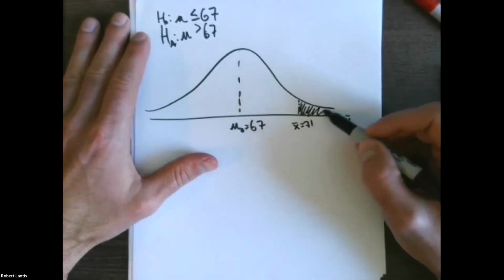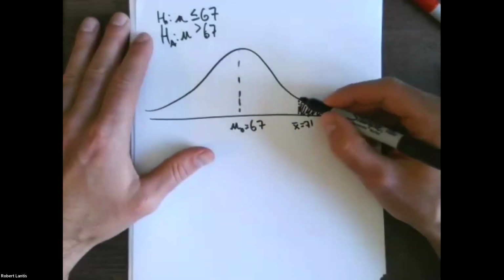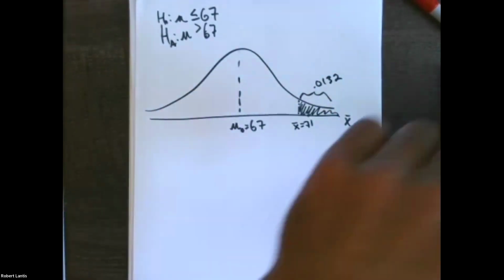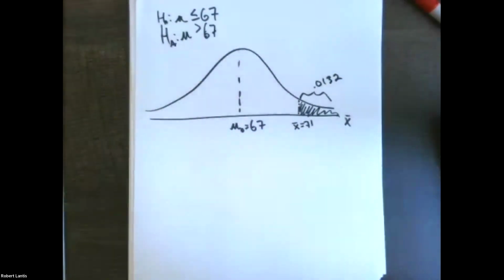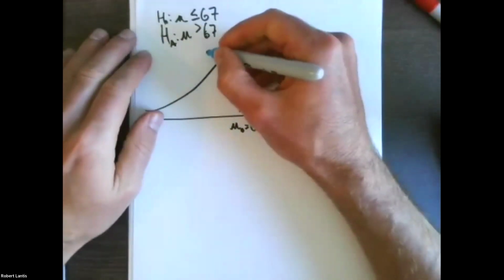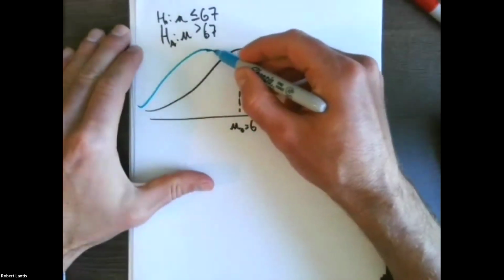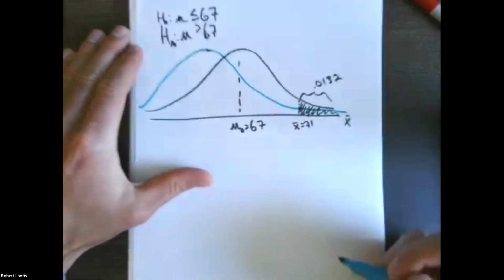if I calculate this p-value, let me go through and do it. I think we said it was 0.0132. Notice if I were to use any other assumed true value, so let's say I use 66, well, then my sample means would be normally distributed around that value.